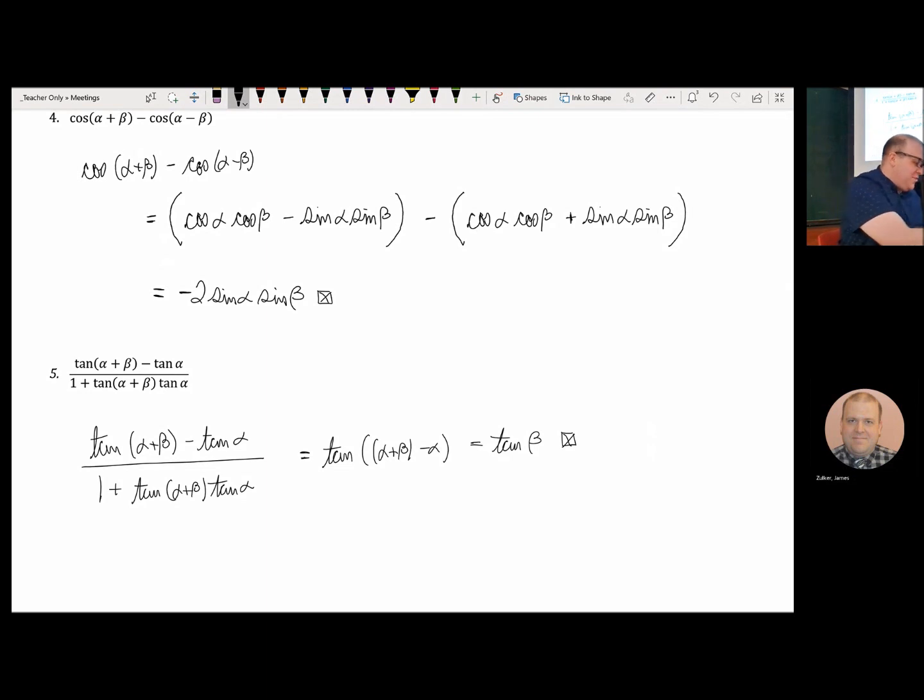It will be left to you to verify that if you go the route that Chris was trying to go, and using the sum identity replace tangent of alpha plus beta, after quite a bit of algebra, you're left with tangent of beta. Wait, that's the numerator. You also have a tangent of alpha plus beta in the denominator, so you'd have to replace it in both and then simplify.